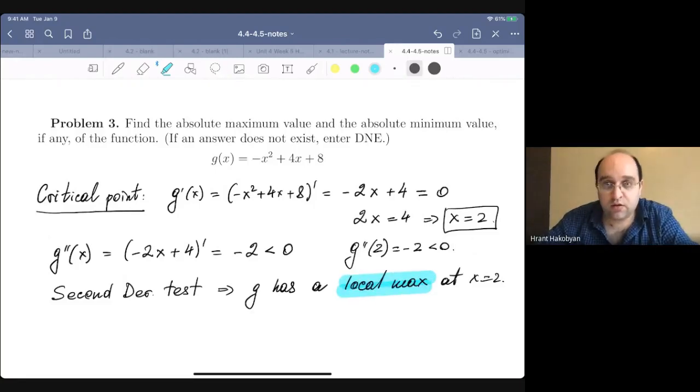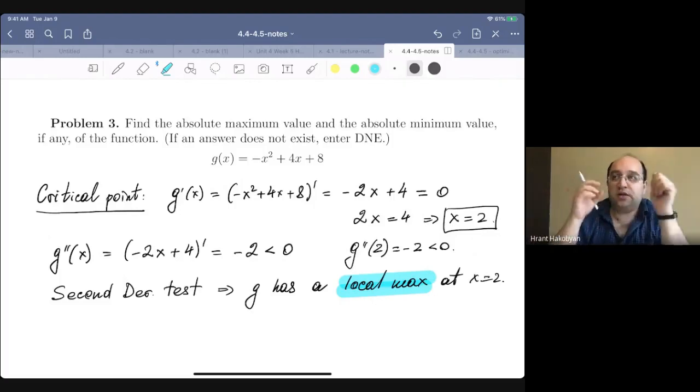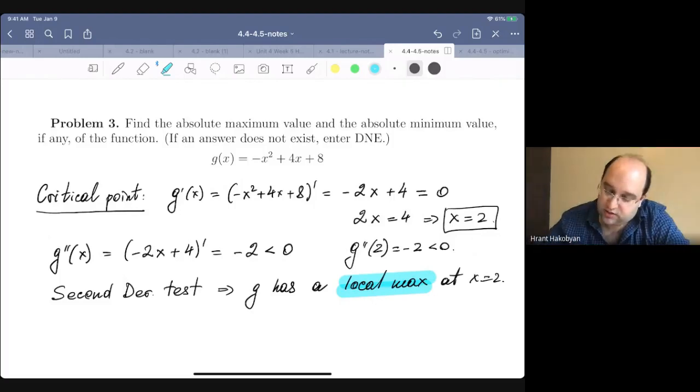So we wanted to have the absolute maximum, but there is nothing else. There is just one critical point. To find the absolute maximum, we have to look at all the possible local maxima and choose basically the biggest one. In this case, there is just one, so there is no choice.